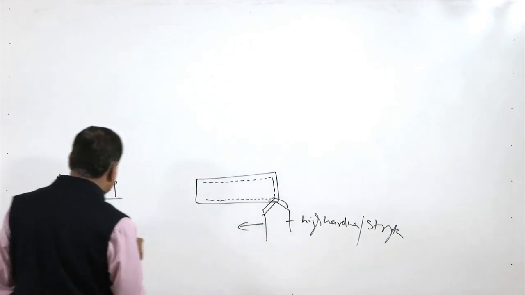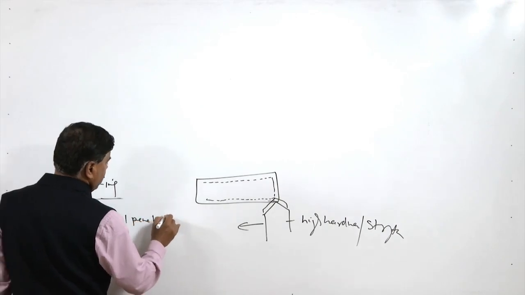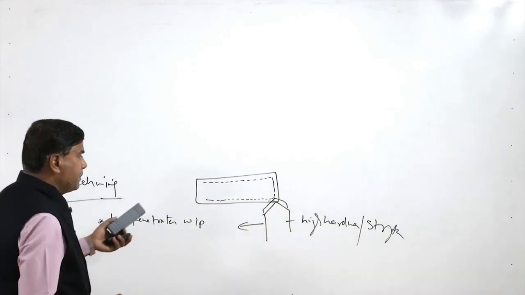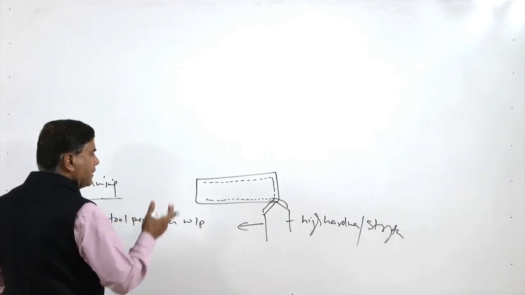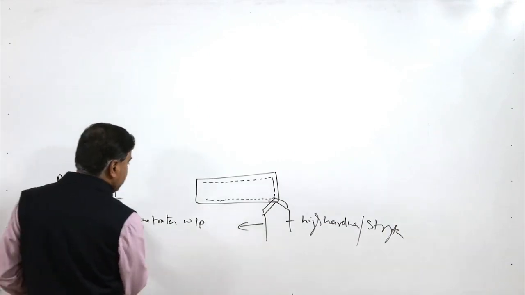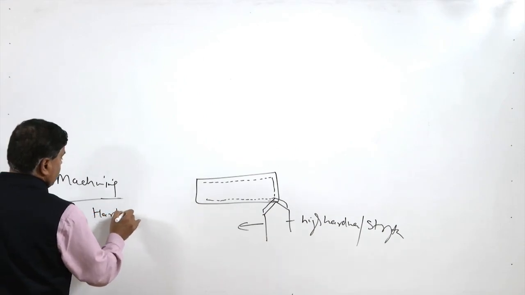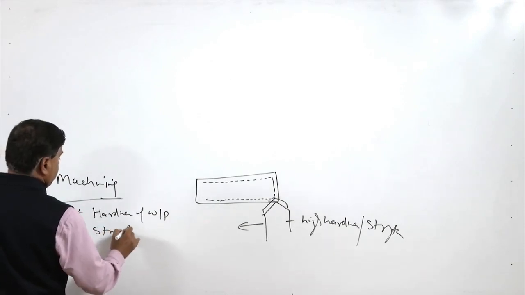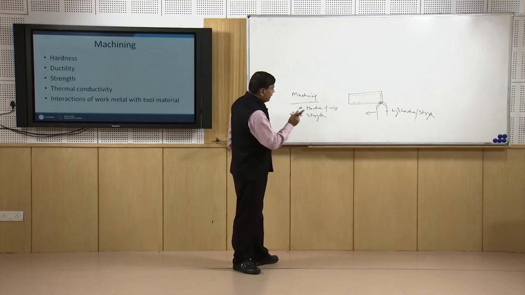What is important for this is that the tool penetrates the workpiece, and for this the hardness of the tool material must be greater than the hardness of the workpiece material. So, among the mechanical properties, one is the hardness of the workpiece, and then the strength of the workpiece material, because material has to be sheared off from the raw stock material.